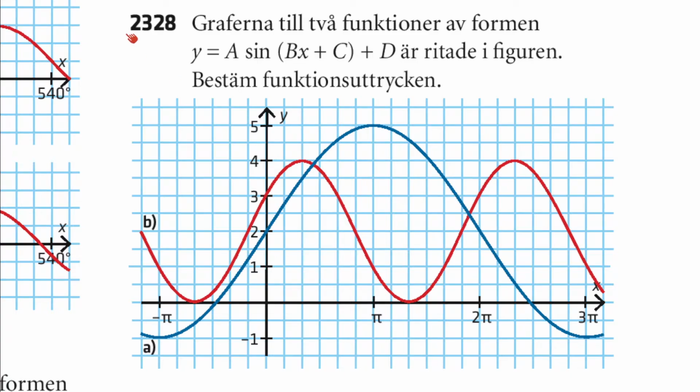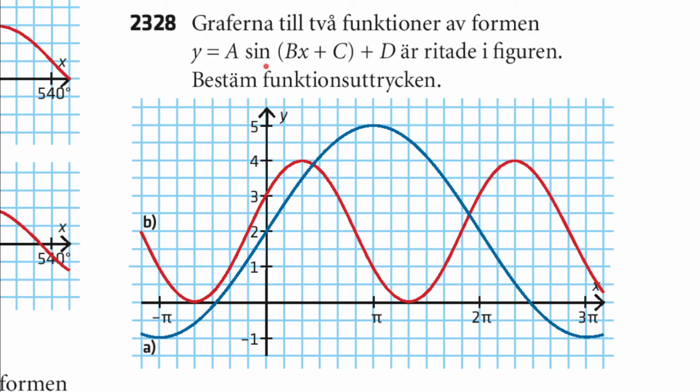Okay, so as you see, this is the problem in your book, 2328. There are two questions, okay? Well, let us solve them one by one. I want you to think, if you can solve this problem and the one that I designed, you are completely on the safe side with respect to this part. So the graphs of two functions are of this form.